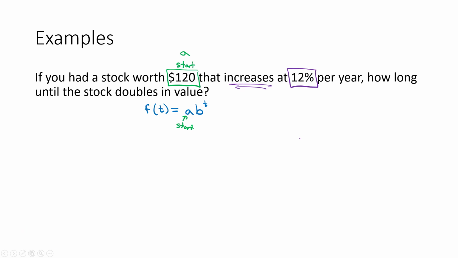And remember, when we're increasing by a percent, that's our change, that's our b, but it has to be a parentheses 1 plus the increase, 1 plus 0.12, or 1.12 for our b. So now we know our equation is f of t equals the starting value of 120 times 1.12 raised to the t power.